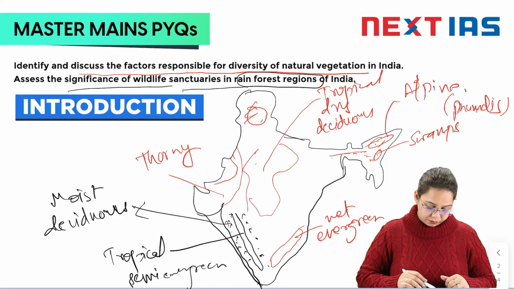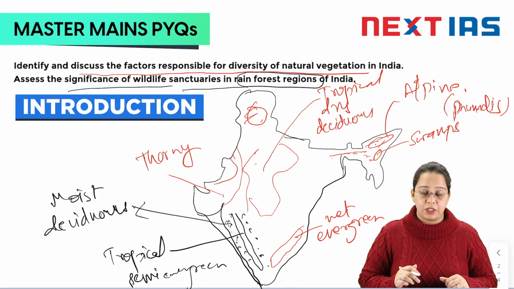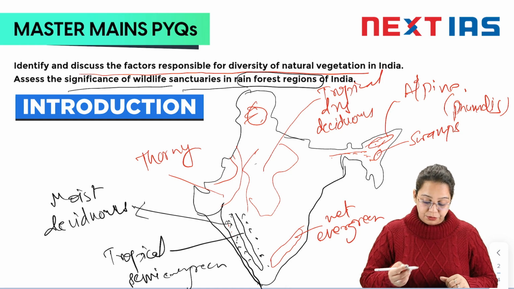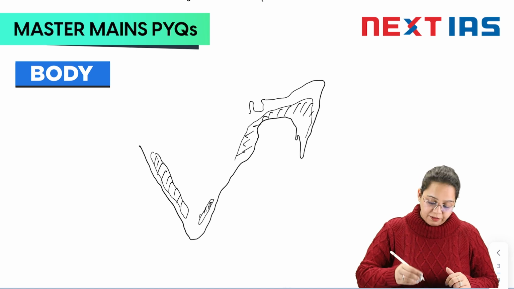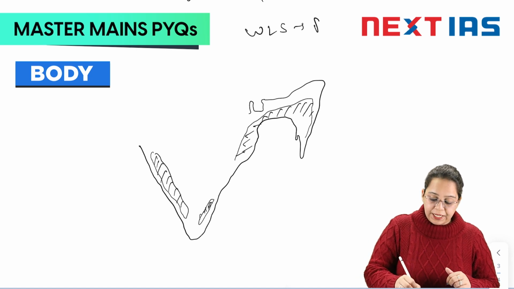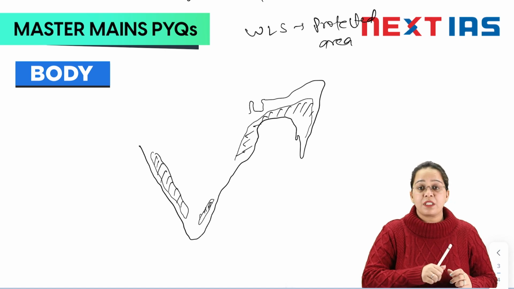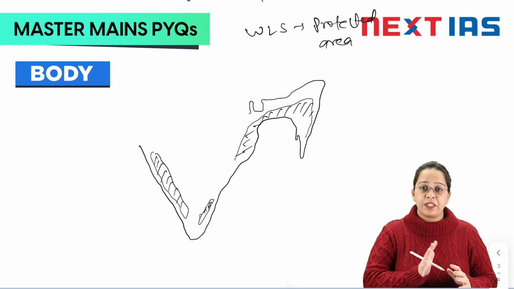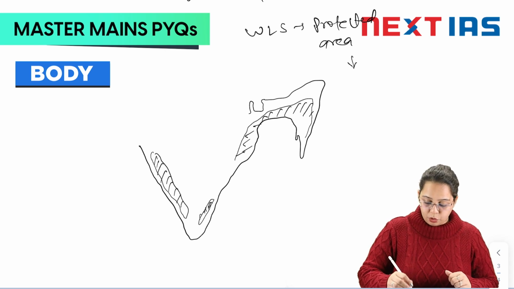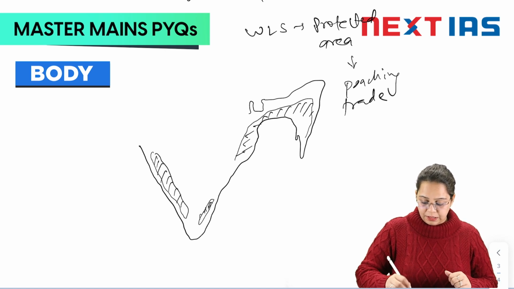Now it is saying: assess the significance of wildlife sanctuaries in the rainforest regions of India. So we need to write about the wildlife sanctuaries in these particular areas. So what are wildlife sanctuaries? Wildlife sanctuaries are protected areas where various species of animals are protected in their natural habitat, and there is strict restriction on poaching, trade, and killing.